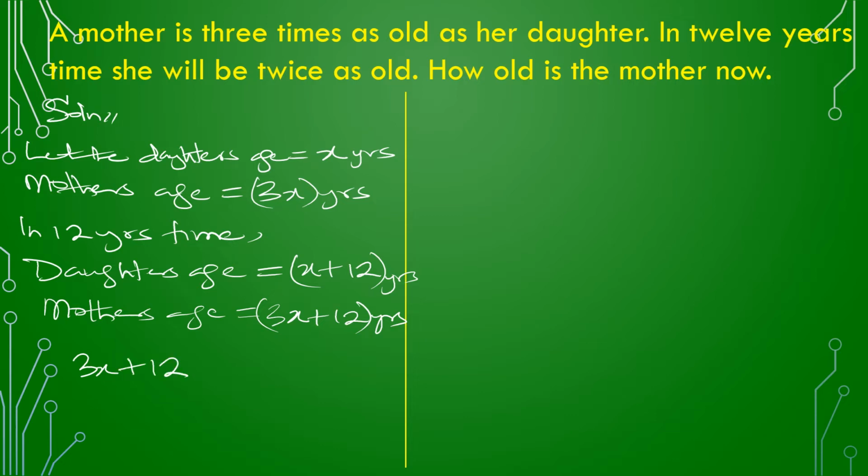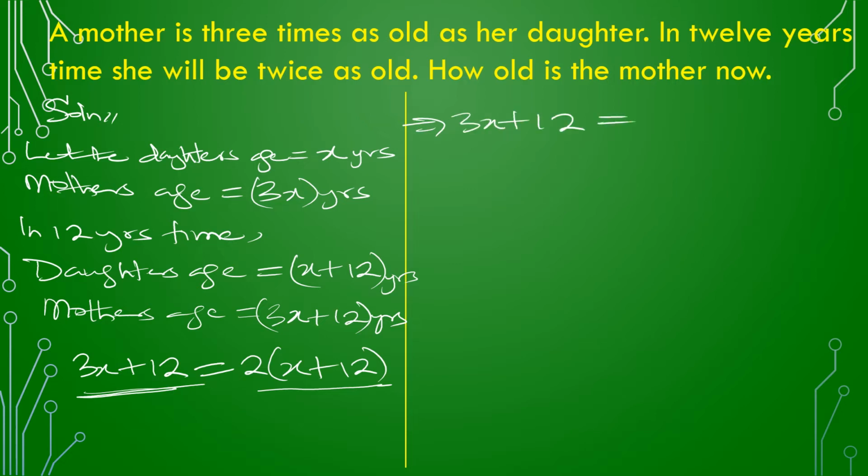They said it will be twice as old, and the daughter is already x plus 12, so it will be twice as old as what? The daughter. So this is the mother's age in 12 years time and should be twice as old as the daughter in 12 years time. So we are multiplying the daughter's age by what? 2. Now solving further, this simply means 3x plus 12 is equal to what? 2 into x plus what? 12.